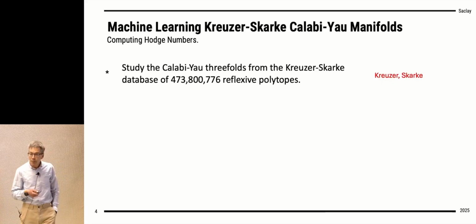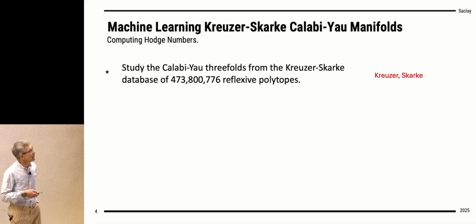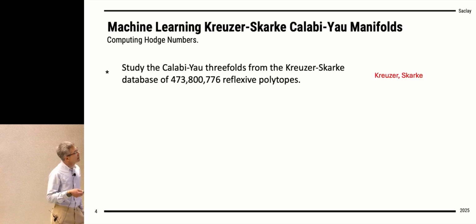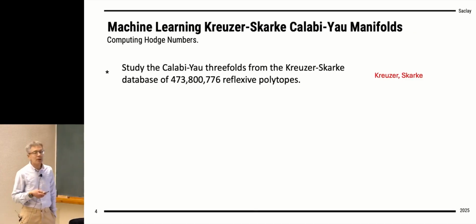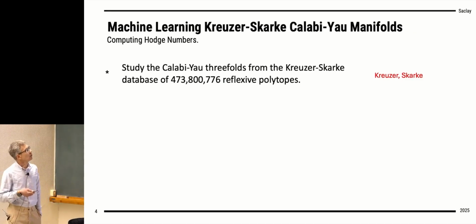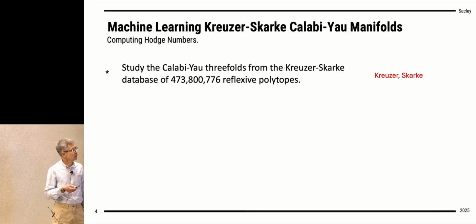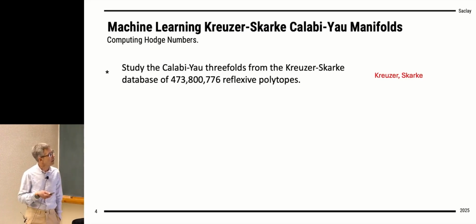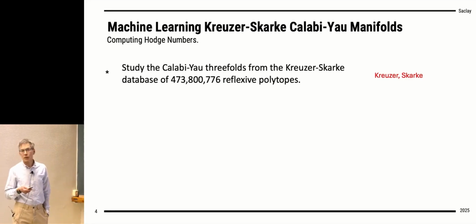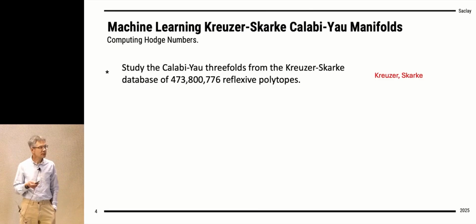Okay, so moving on. Back in the 90s, originally by the work of Batyrev, it was realized that so-called toric varieties, which had been studied since the 70s, these are essentially generalizations of complex projective spaces.